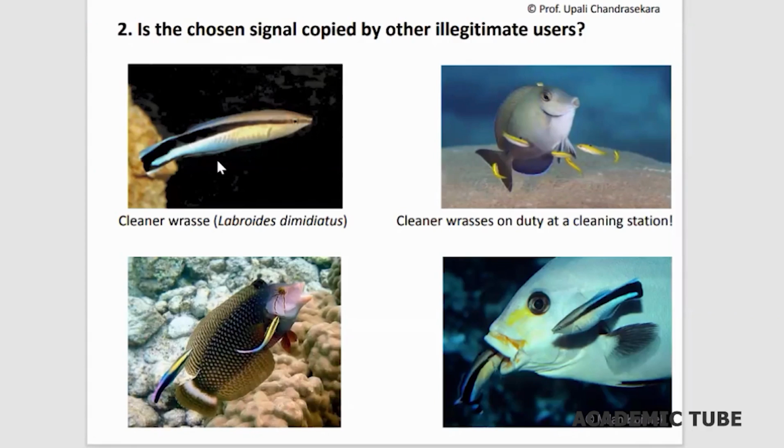Amongst the coral reefs, lots of different fish species live. You see, we have one species of fish. Now these are the cleaner wrasses, and we have another fish species, a beautiful one. These are the cleaner wrasses, and another big fish, and there are cleaner wrasses.